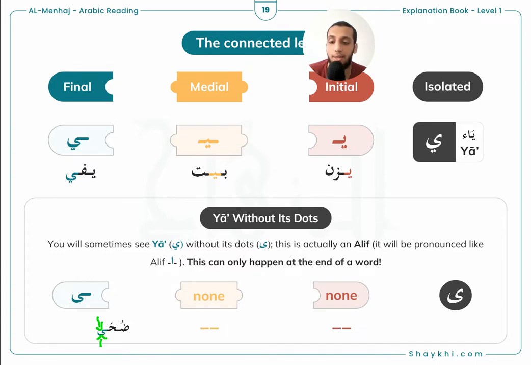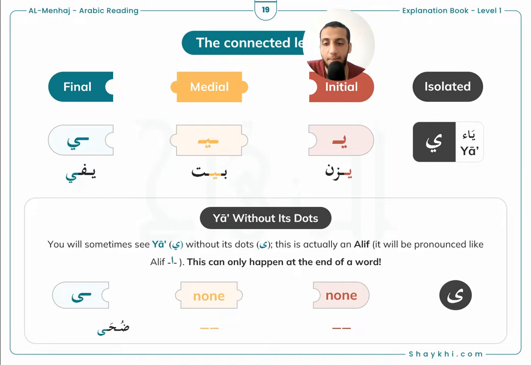Because it doesn't have its dots. It will not be pronounced, for example, like this word yafi. As you see, this ya, yafi, is ya, but duha is like alif. Why? Because it doesn't have its dots. So this is the difference between al-ya that has its dots and the one that doesn't.